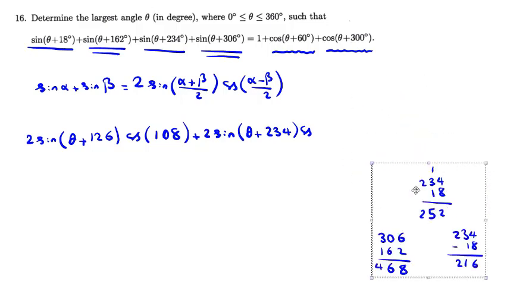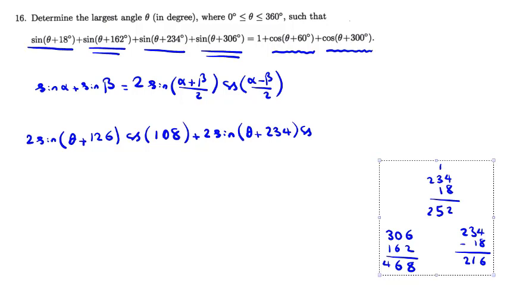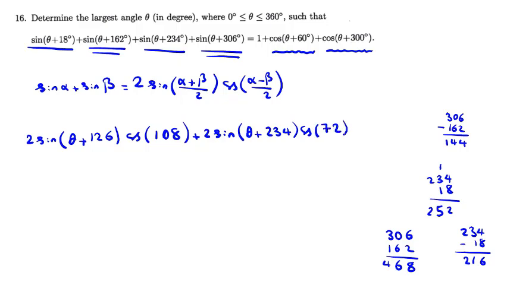If we consider cos the difference, it will be 306 minus 162, which over 2 is cos 72, equals, if we want to use this, cos alpha plus cos beta equals 2 cos alpha plus beta over 2 times cos alpha minus beta over 2.